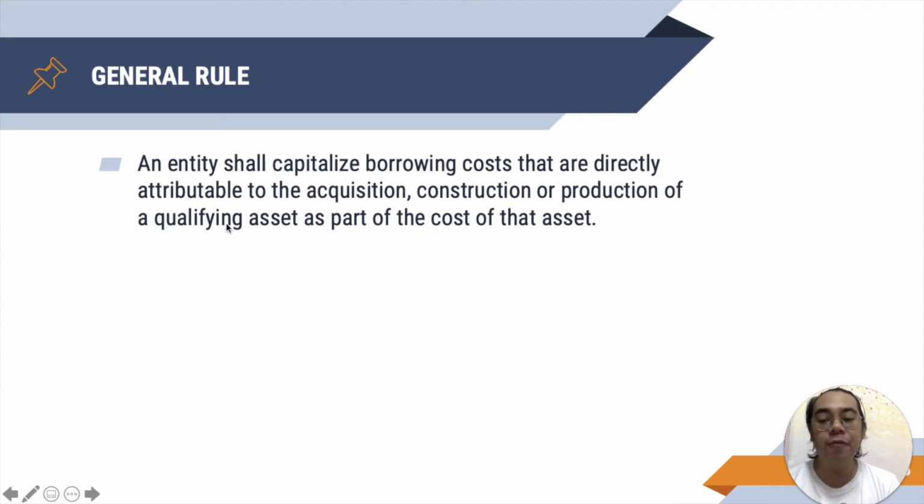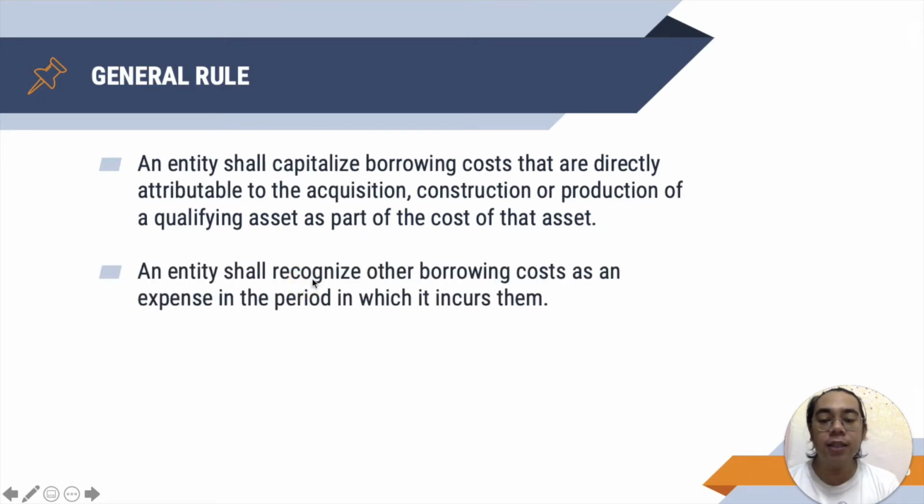If in the first place it is not a qualifying asset, then automatically you will not capitalize borrowing cost. An entity shall recognize other borrowing costs as an expense, because normally it really is interest expense. So it is very rare that it gets capitalized, only when it is directly attributable to the acquisition, construction, or production of a qualifying asset.